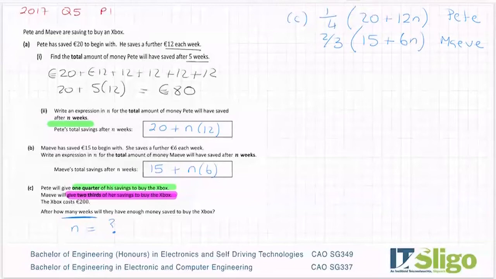And the Xbox costs 200. Well, we are going to have something like 1/4 times 20 plus 12n, plus 2/3 times 15 plus 6n, and that's equal to 200.